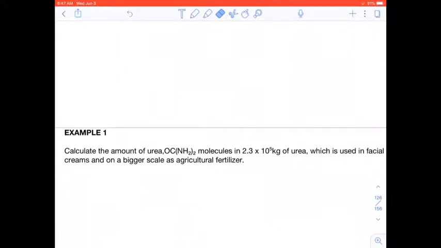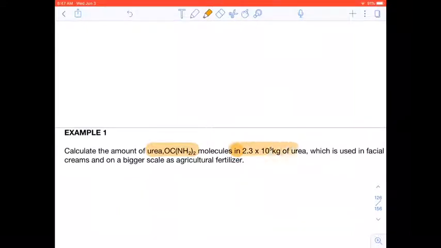We have here the amount of urea. Urea is a constituent of your urine, and we want to know the amount of urea in so many molecules.